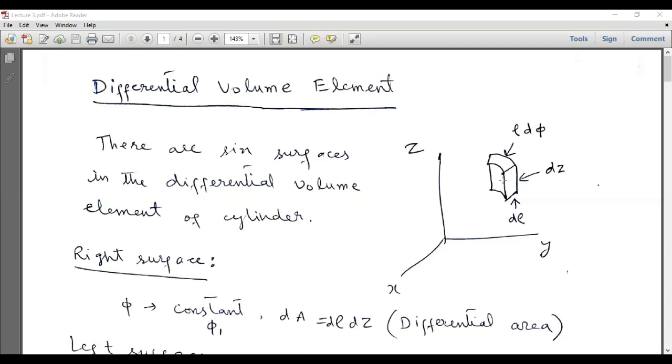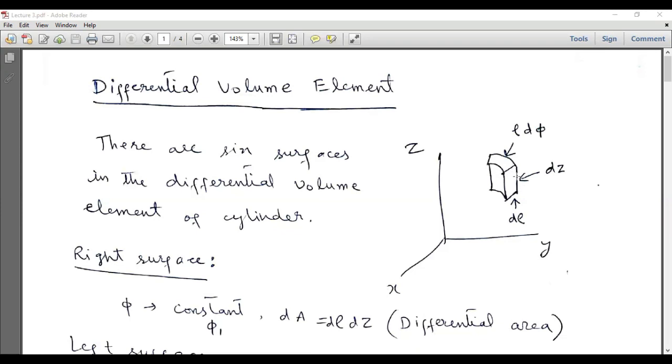Okay, so now this is the right surface, and on this surface the angle phi is constant, and d rho is actually the length of the differential element along the rho axis, and this is the z axis, and the differential length of this edge is equal to dz.